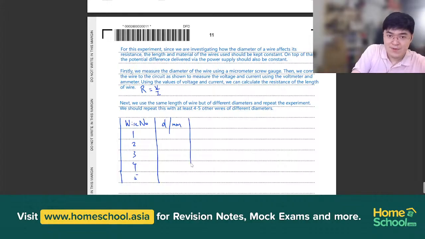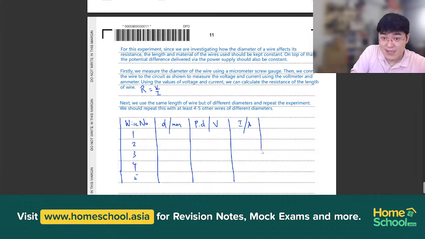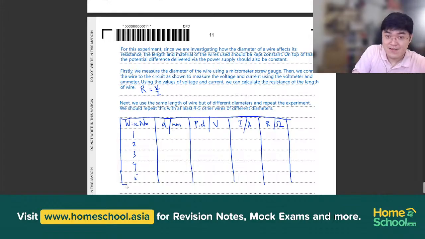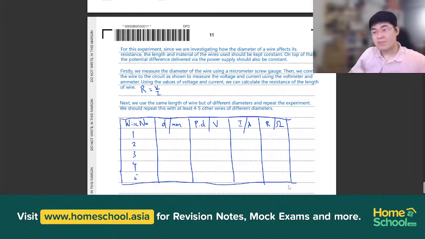We have the potential difference, which is in volts. We have the current, which is in amperes, and finally, by using R equals V over I, we have the resistance, which is in ohms. By doing that, we should have a very nice table to record your values in.